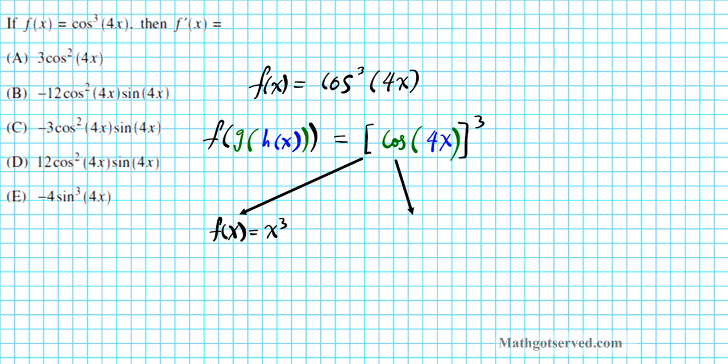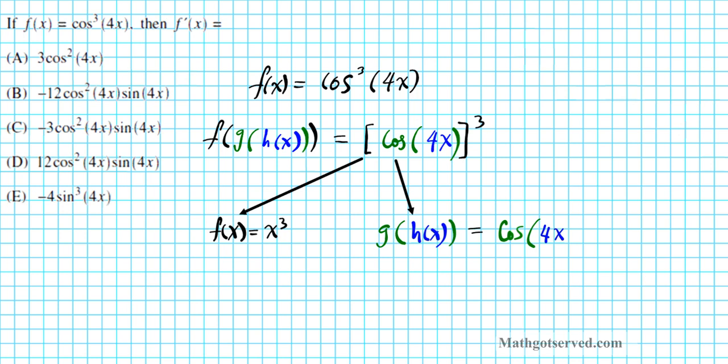It's g of h of x. What is g of h of x? G of h of x is equal to cosine of 4x. So we've taken out the outermost function, which is a cubic function.